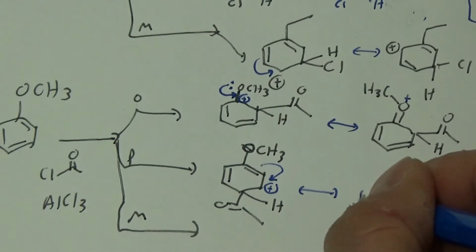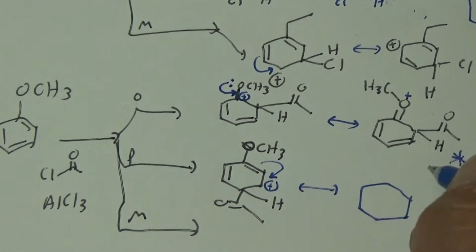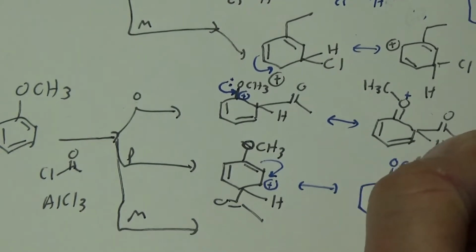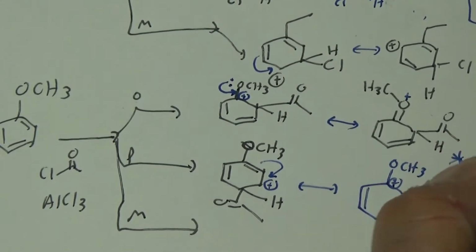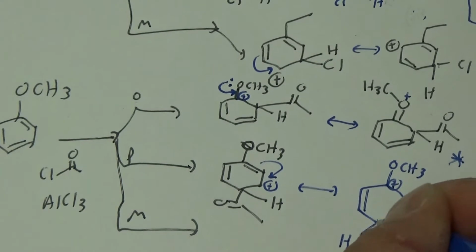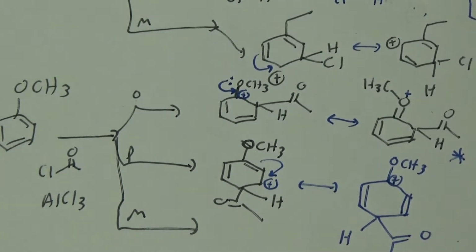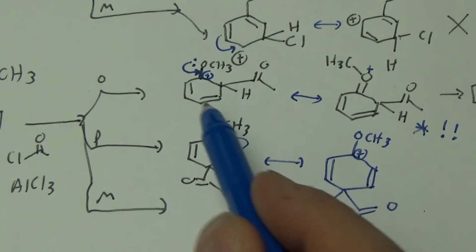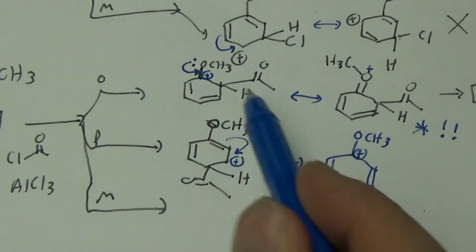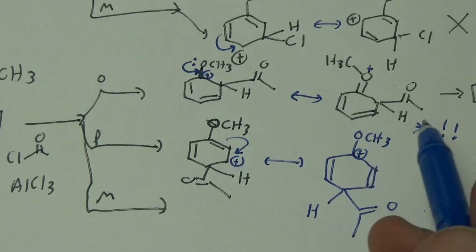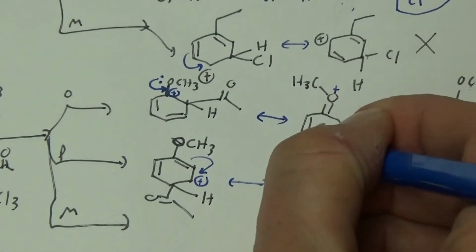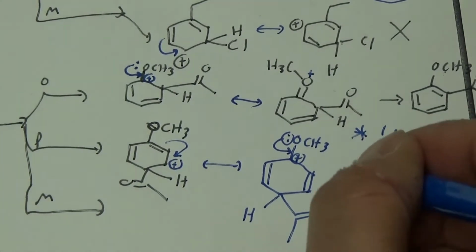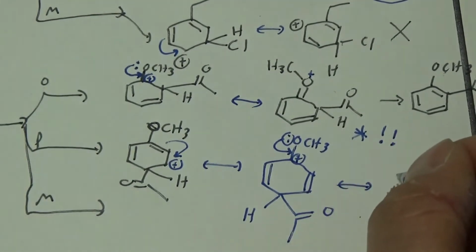So we draw this thing again. Now it's OCH3, positive charge, double bond, H. Same thing as above, totally stabilized. It's an oxygen-stabilized carbocation because you can draw a resonance of it. So it's a very stable carbocation.